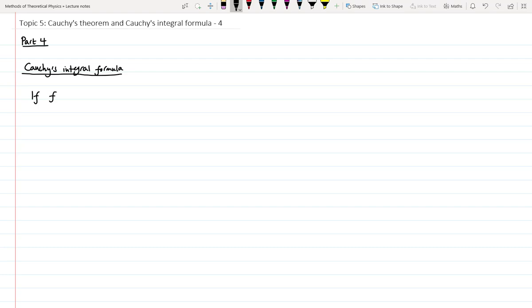if some complex function f of z is analytic on and within a closed contour C, and we define z0 as a point within that closed contour C, then the following is true.